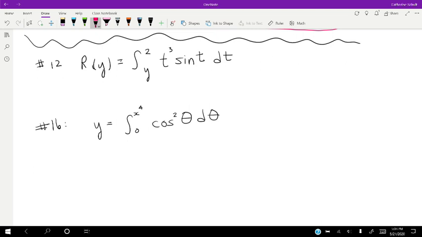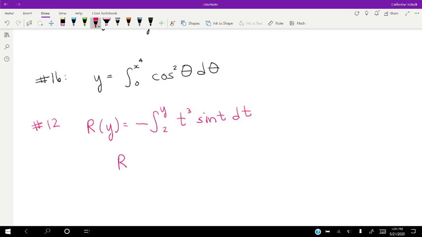Okay, so for number 12, before we find the derivative of r, we can switch the limits of integration from y to 2 to y. And then what do we have to do? Make it negative. That's one of our integral properties. So that was an easy fix. And now we can use the fundamental theorem of calculus.